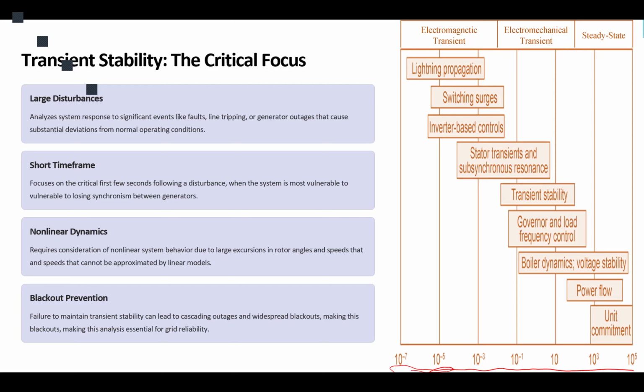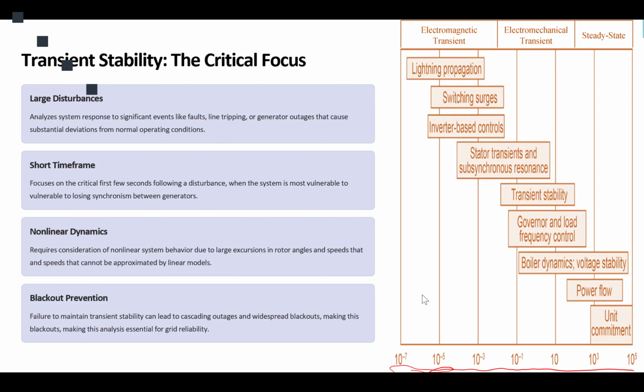Now, the third part that we need a new stability analysis is that, in the stability analysis, we are going to see a nonlinear behavior. Hold on to that thought. I'm going to show you in the equation what I mean by nonlinear behavior when we talk about transient stability.